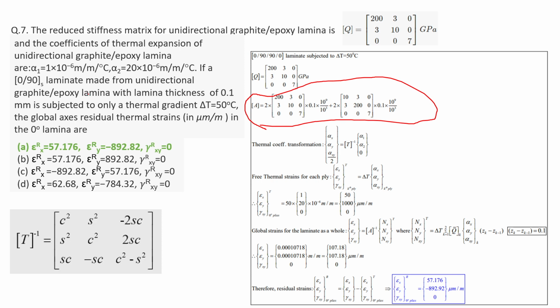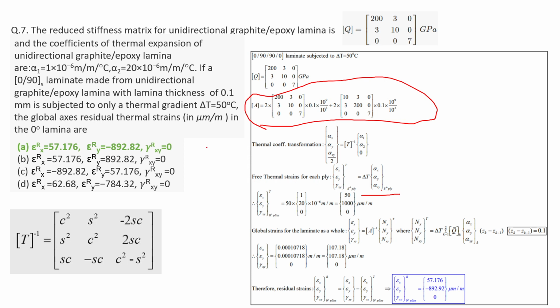From that we can get the free thermal strain of each ply. So free thermal strain of each ply is given as epsilon x, epsilon y and gamma xy equal to delta T into alpha x, alpha y, alpha xy. This is of each ply. So this alpha x, alpha y and alpha xy values will be different for different laminas. So from that we will get the free thermal strain of each ply.